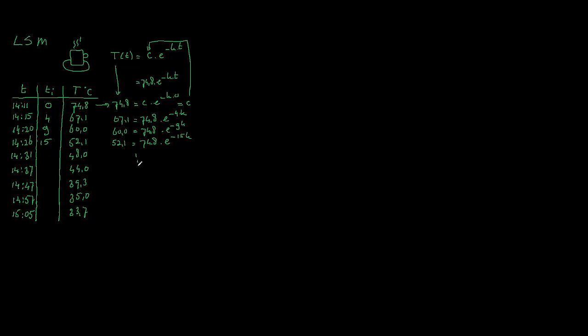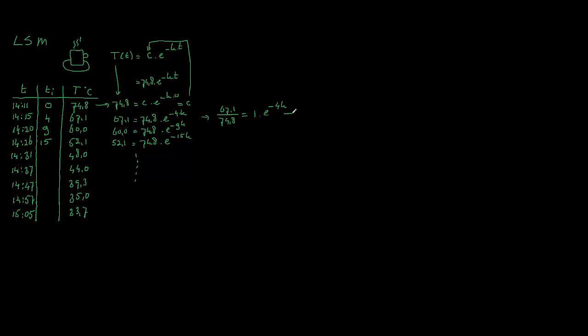Etc., etc. Okay, next step, what we'll do is we divide everything by 74.8. So I get here 67.1 divided by 74.8 equals, well, if you divide something by itself, you get 1, times e to the power of minus 4k.